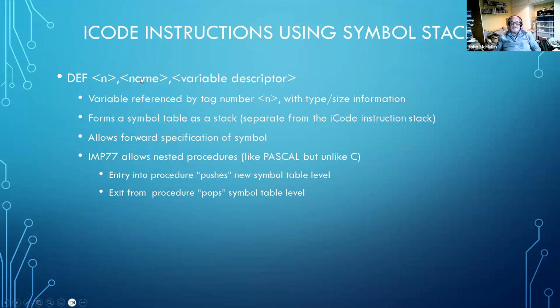We also give the actual name of the symbol, and then we have a descriptor which says what type is this definition. Is it a function? Is it a routine? Is it a variable? What's the size of the variable, etc.